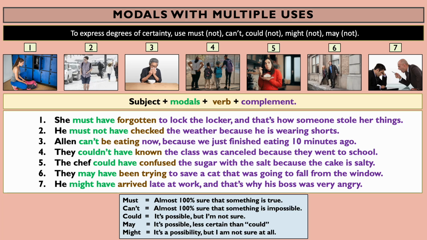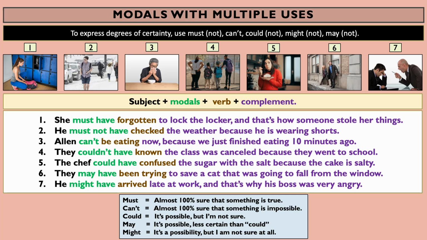So how can he be eating again if he just finished 10 minutes ago? You think it's impossible. For example, number 4, they couldn't have known the class was canceled because they went to school. If you pay attention to picture number 4, school is closed.